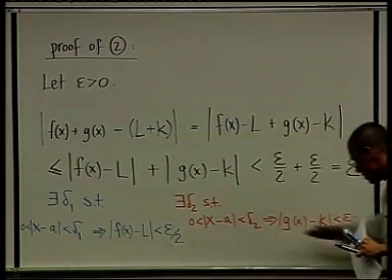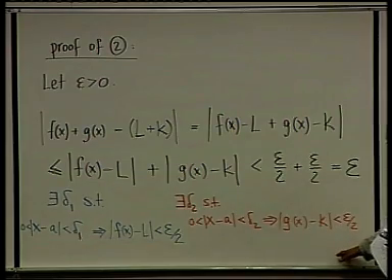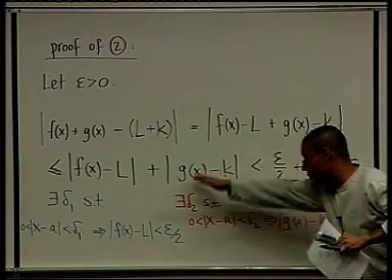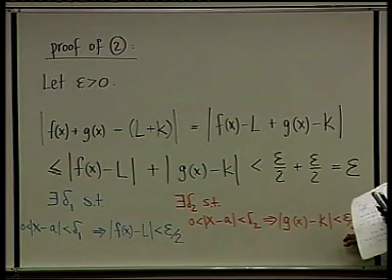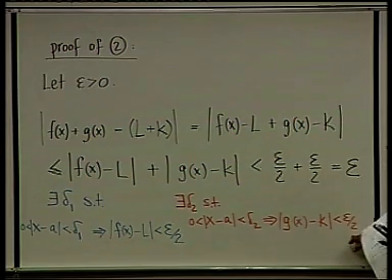What I wrote here in orange holds because I know that g goes to k. So for any epsilon, in particular epsilon over 2, there's a delta which guarantees it. The definition will hold.